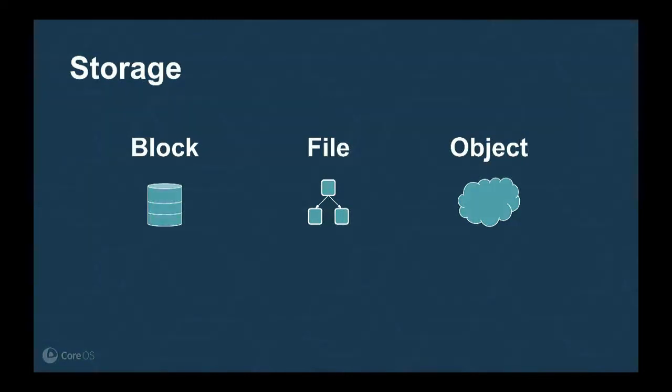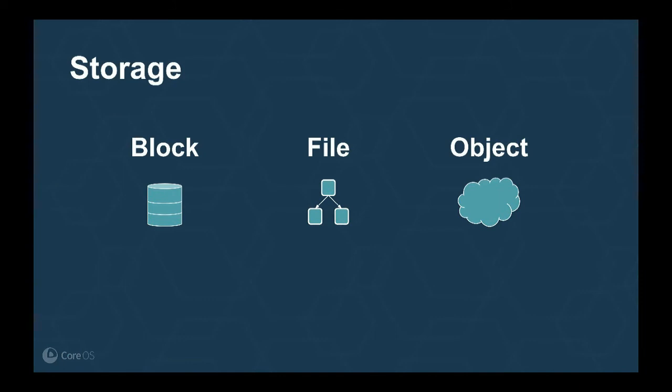So there are really three types of storage. First, there's block, which is used for raw storage. If you familiarize yourself with KVM, QEMU, OpenStack, OpenStack Cinder, and Ceph, you are very familiar with block storage. It's also used in VMware for applications attached over iSCSI.